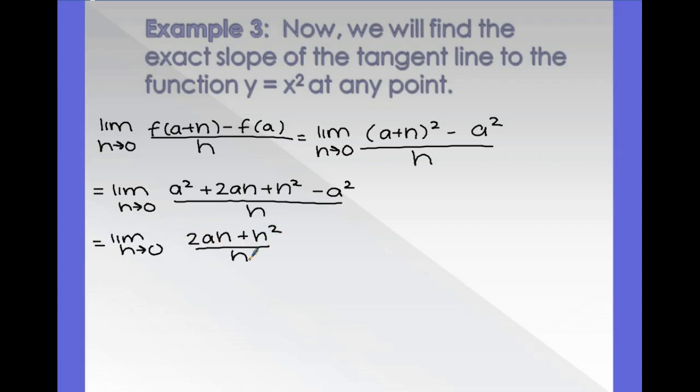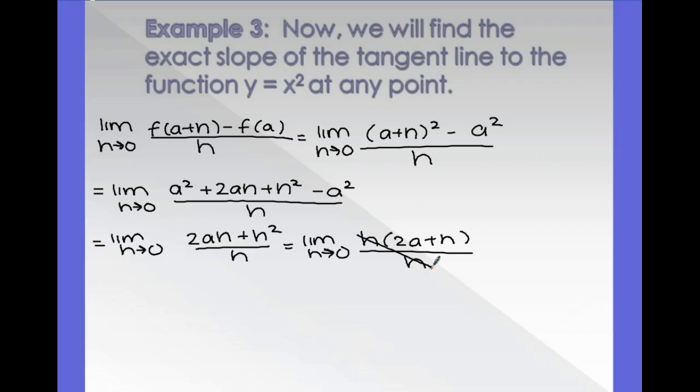So once again, we have a GCF of h up top. So you can take out that GCF, leaving you with 2a plus h all over h. So my h's cancel.